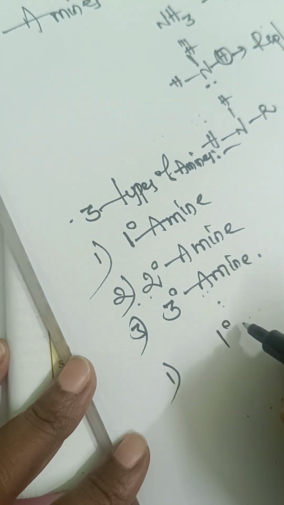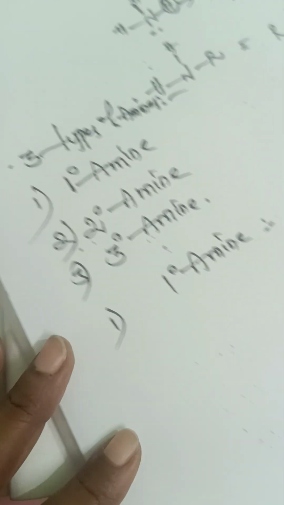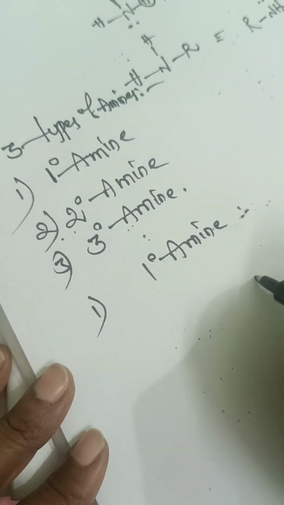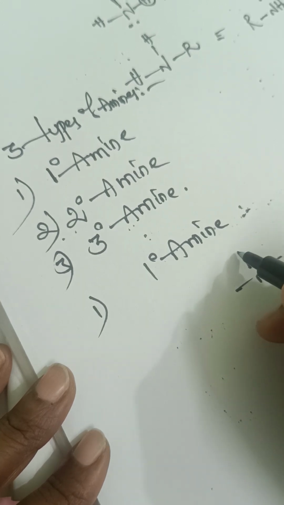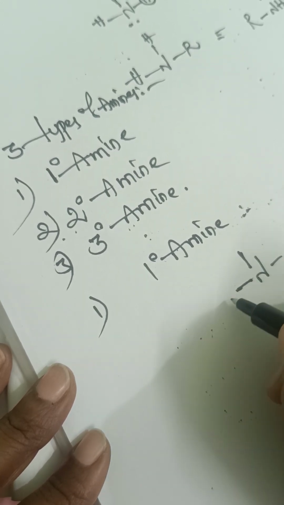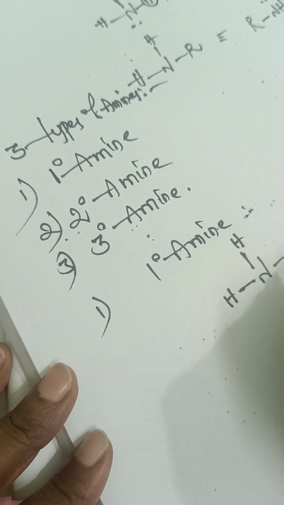What is a primary amine? Here you see nitrogen will have 3 bonds. All the bonds we will satisfy with some groups.